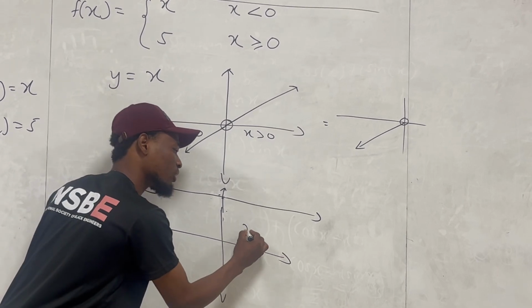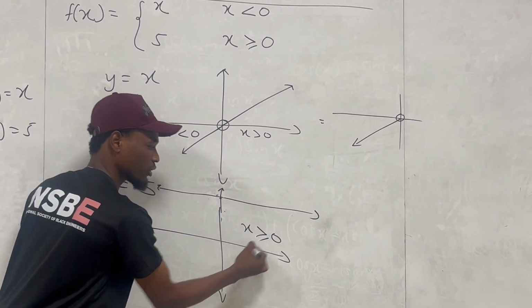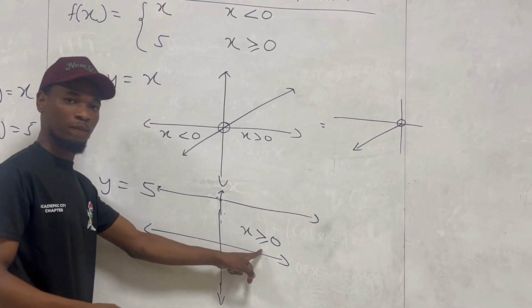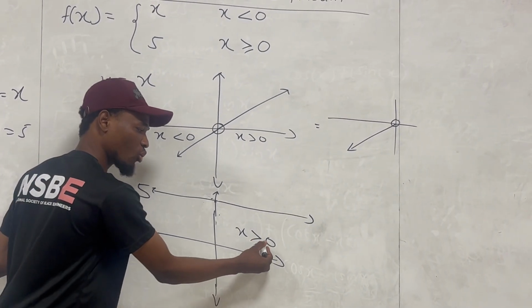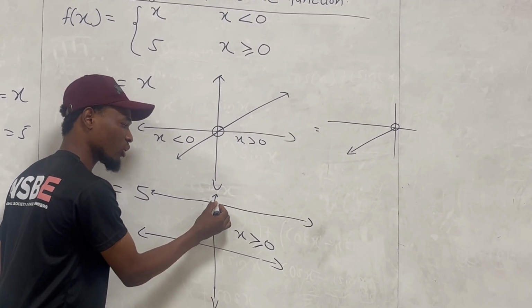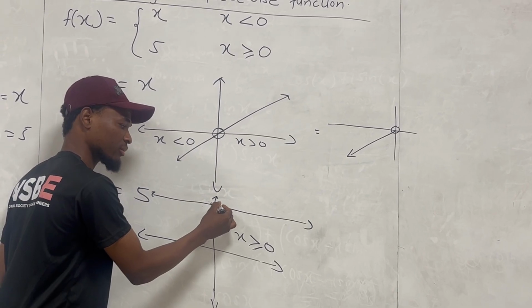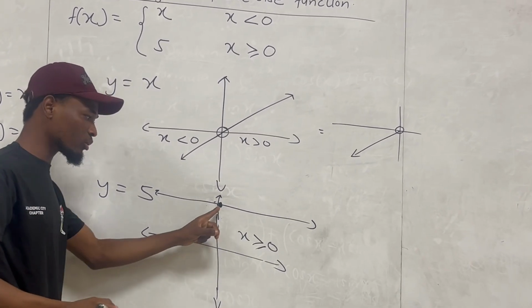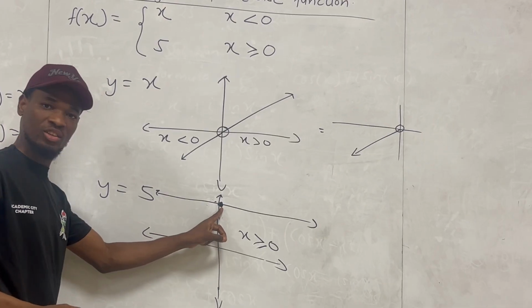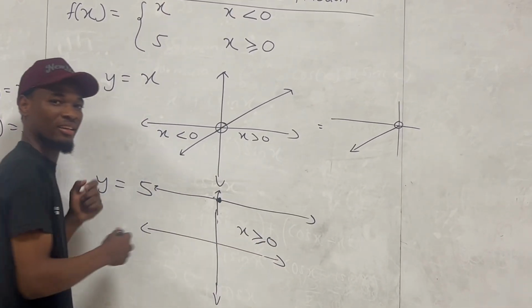As a result of that, I will focus on this section. Because of the presence of this bar over here, I'm just going to shade this side. Whenever you see this in your graph, you have this sign.